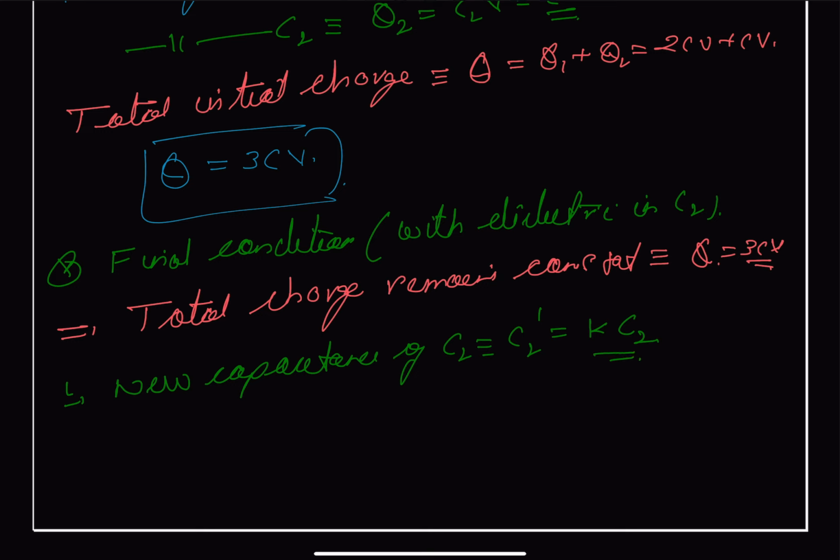And C1 is the same. C1 is our 2 times C. And still the capacitors are connected in parallel, so therefore their potential will be the same on both.